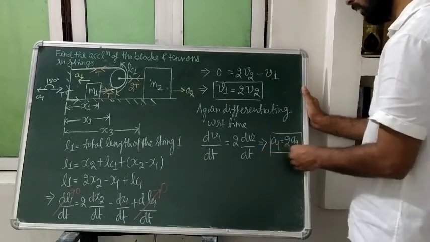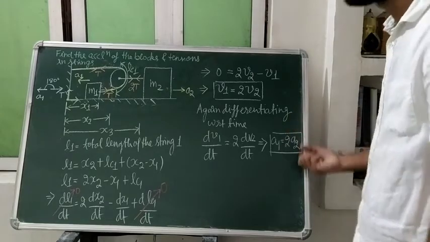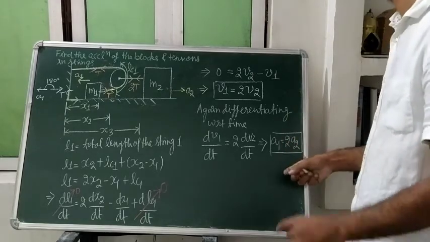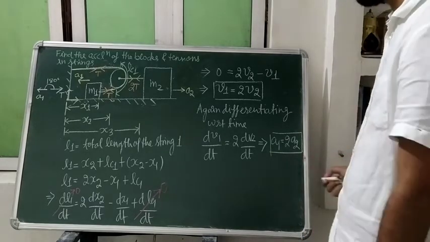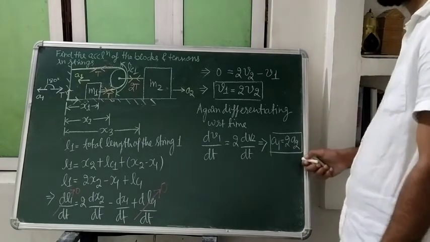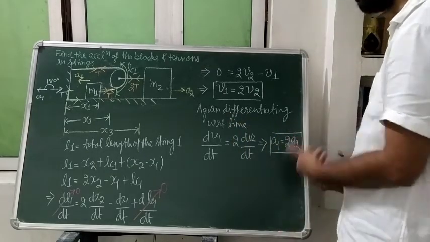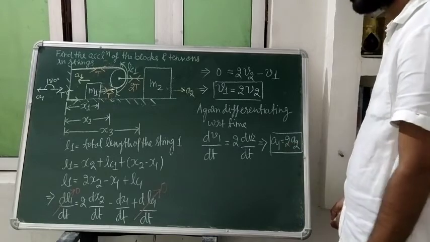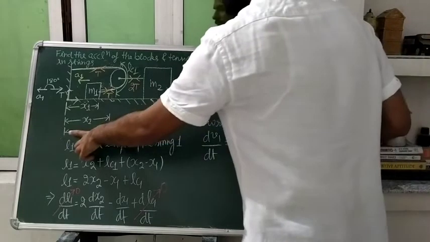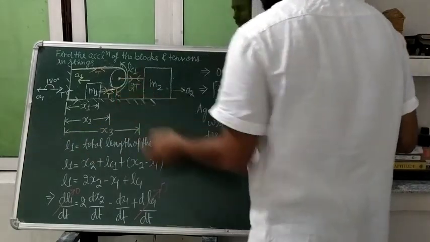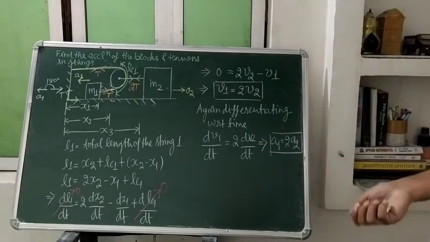So we get this relation: a1 equals twice of a2. Here is the positive sign, and that positive sign tells you they will be in the same direction. No negative sign is coming, so they are in the same direction. And of course, if you say this length is x3 present here, this comes right up to here first.